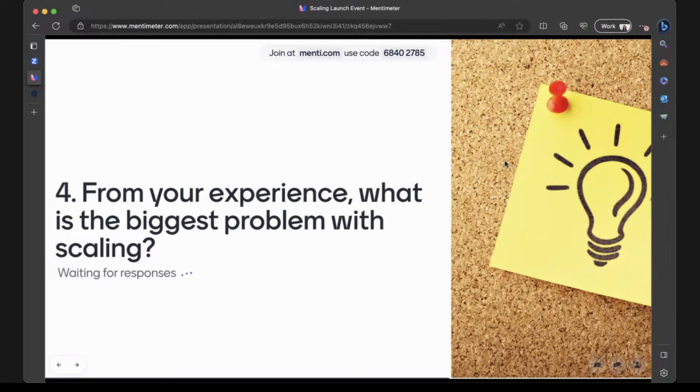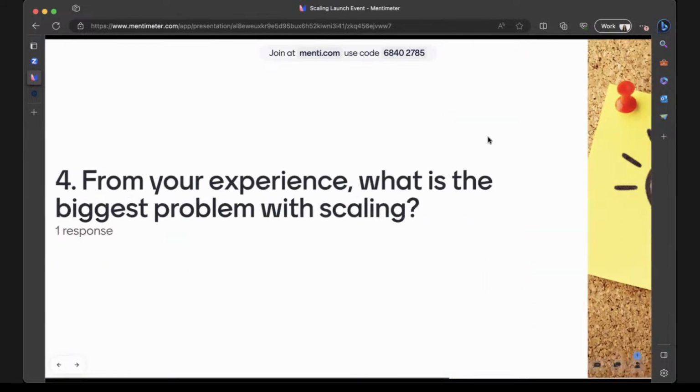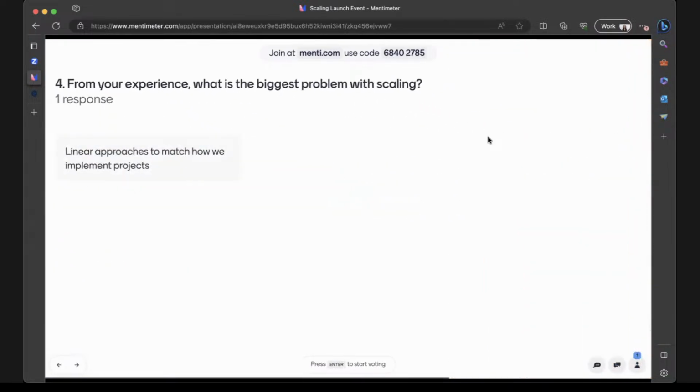When we think about scaling, we think of so many things, right? Sometimes is it about people? Is it about policies, quality, quantity? We'll be interested to know your thoughts about this.